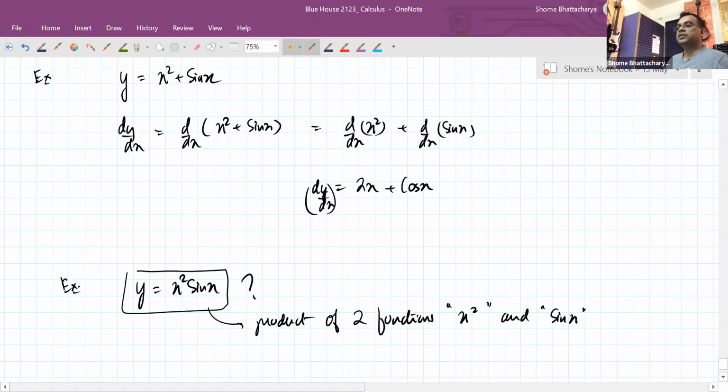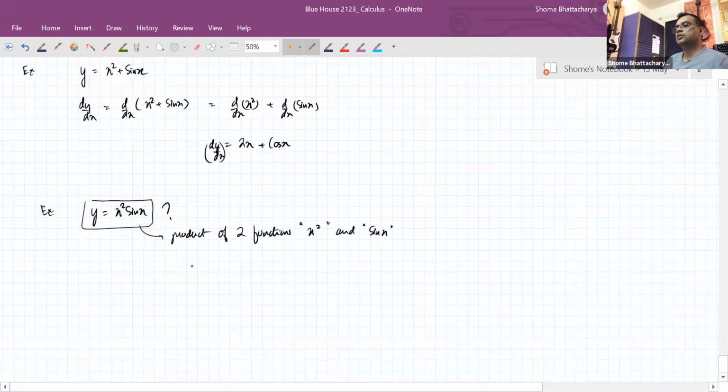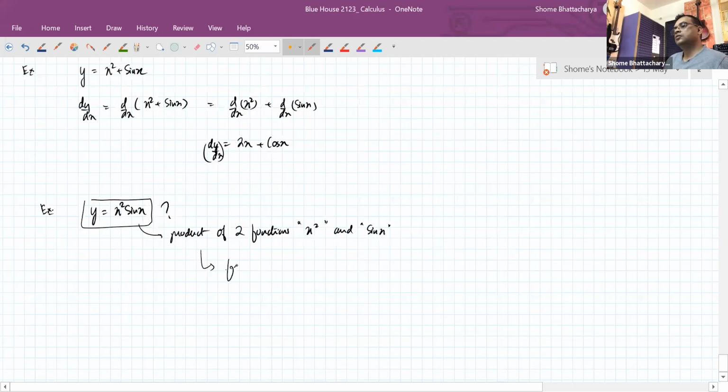So we can't simplify this further and use the earlier properties. For this type of function, there is something called a product rule for differentiation. Okay. So having done the formulae, let's look at additional properties of differentiation.